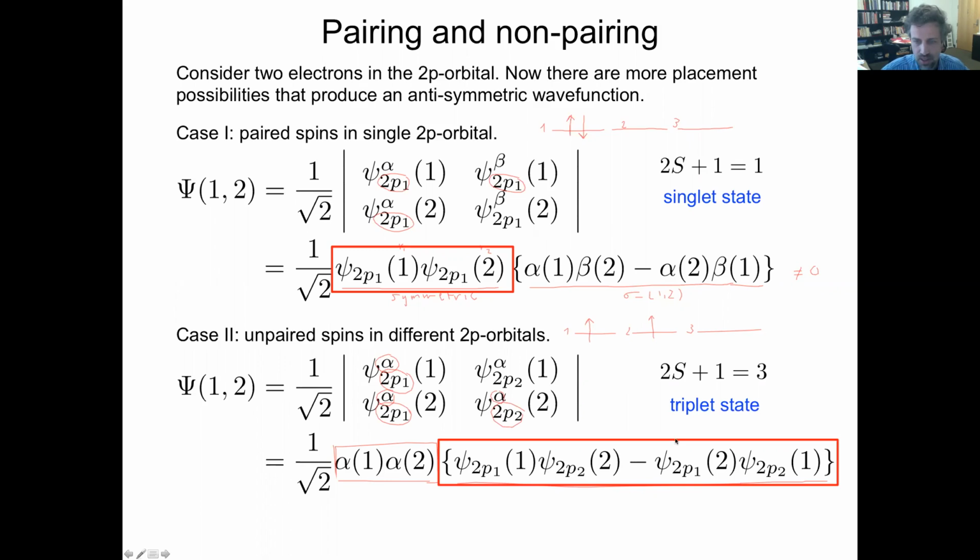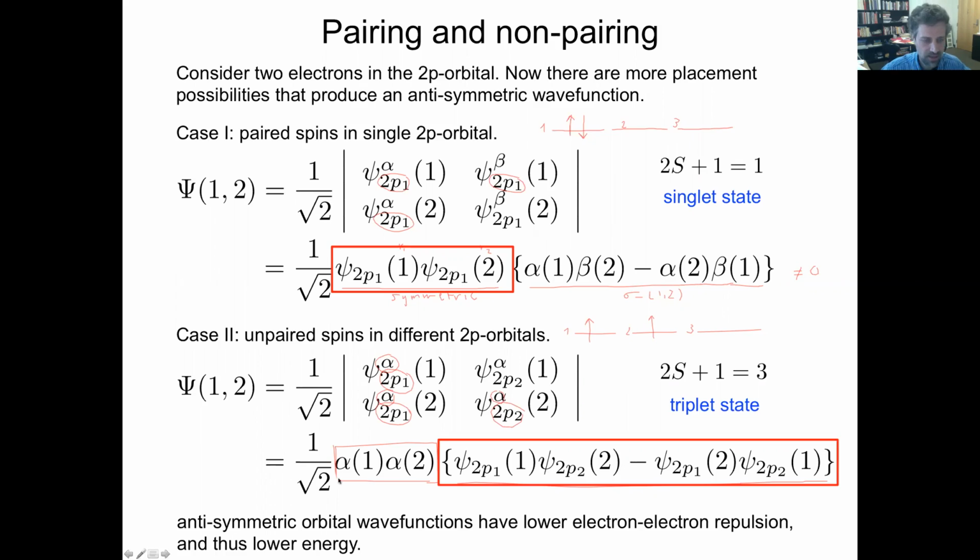In other words, if you have 2 possibilities to put the electrons in these degenerate orbital states, then the triplet state way of doing it is going to give me the lower energy, and the singlet state is going to give me a slightly higher energy. All right, so antisymmetric orbital wave functions have lower electron-electron repulsion and thus lower energy, aka the triplet spin states associated with this antisymmetric orbital wave function are going to give me the lowest possible energy.